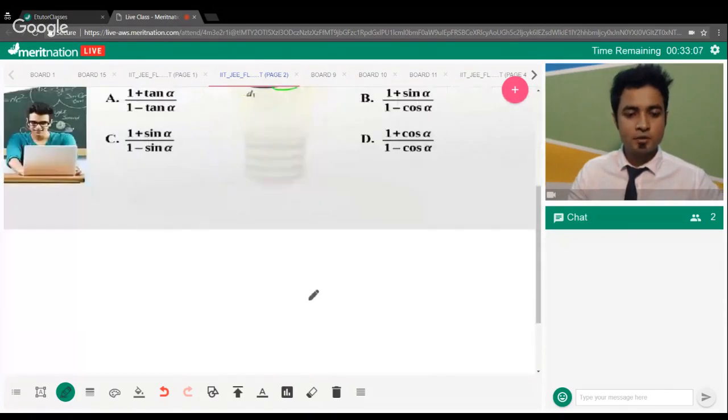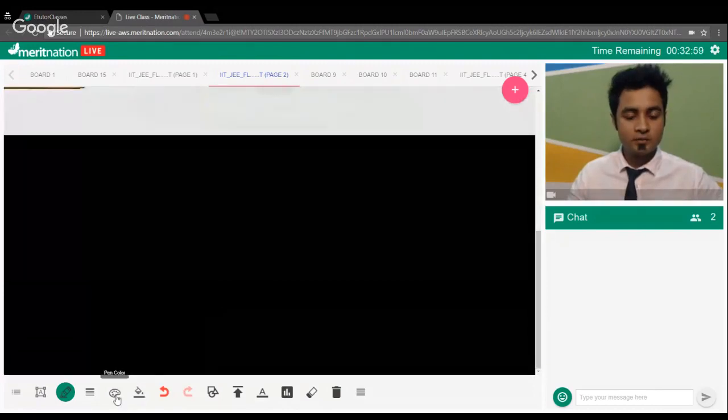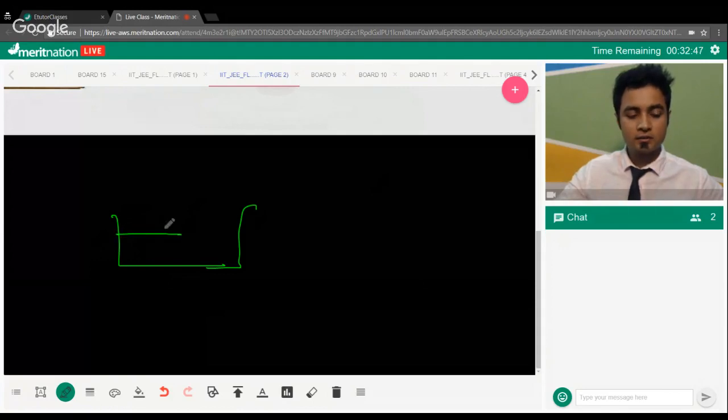One point I just wanted to mention before solving it. Guys, you must have heard about the barometer, right? It is a device used to measure the atmospheric pressure. What we do here is, this is a liquid, and we insert an inverted tube in the beaker.